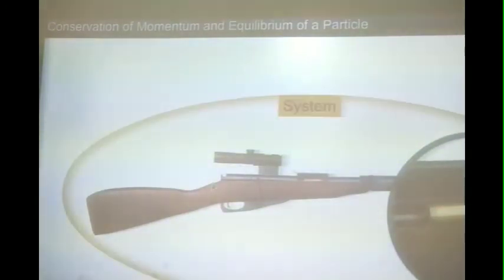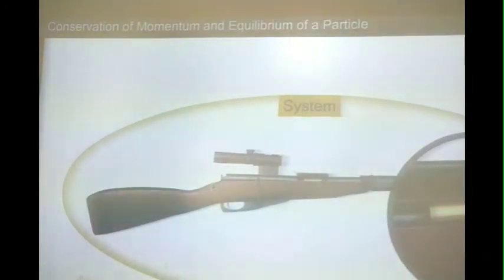As an example, we have practical applications like when we fire a gun, the body moves back. We get a feedback from the gun, which we call the recoil of the gun. As you can see here, the gun and the bullet are in one system.